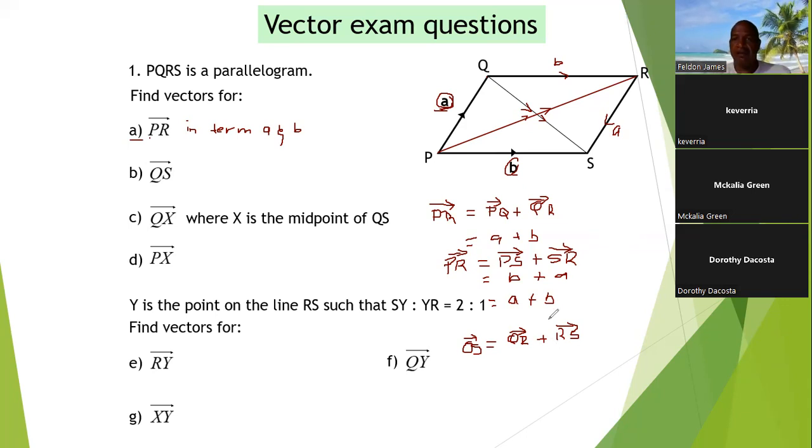So from Q to R would be equal to B because this is going in the same direction as B. But from R to S would be equal to minus A because it is going opposite to A. Do you see that, guys?